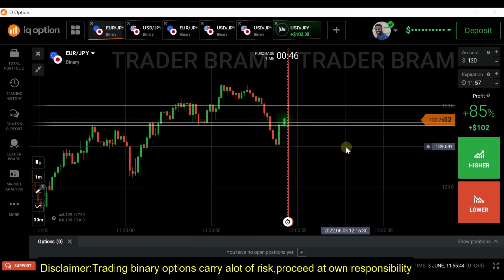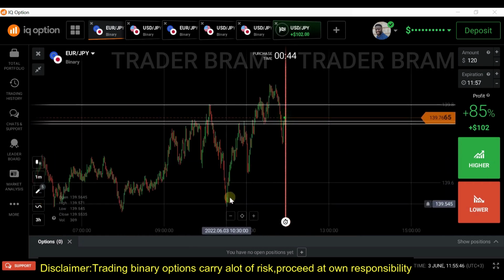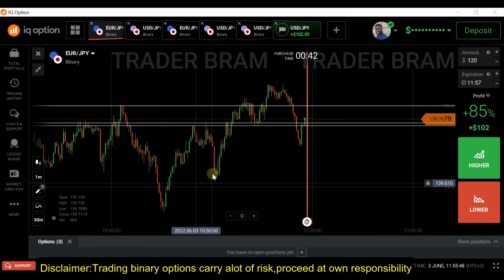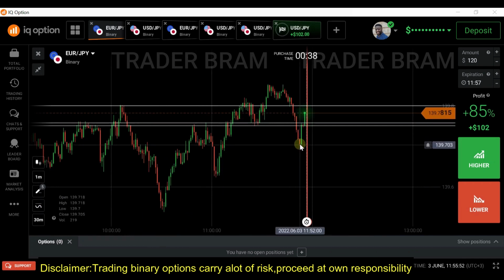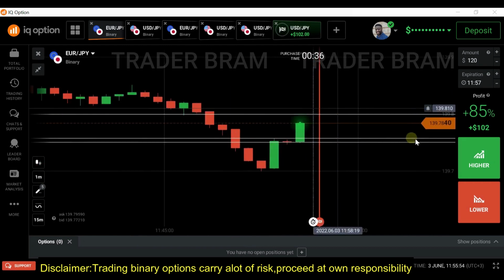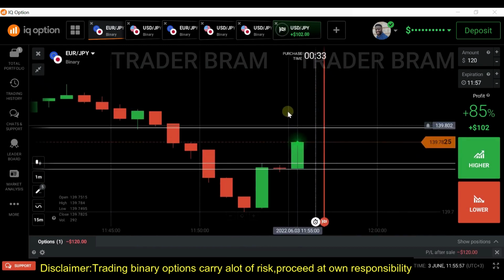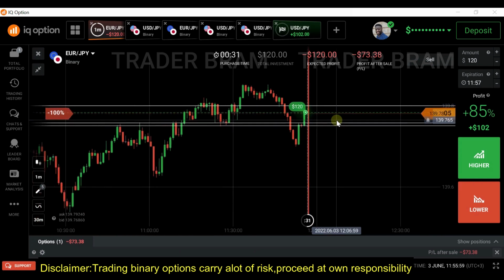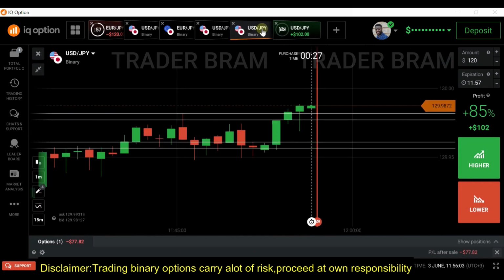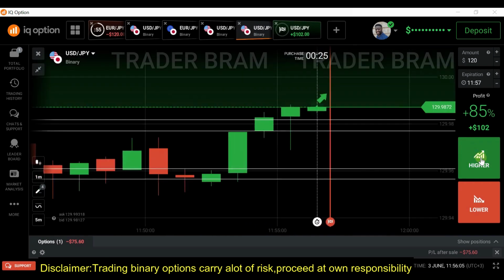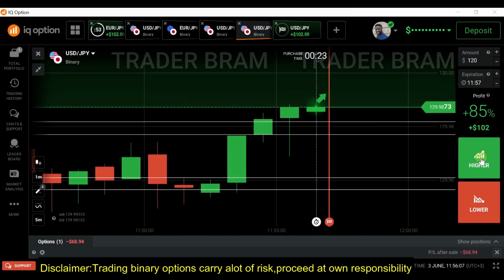the market is in an uptrend. From this point, you can see a higher low here, another higher low, and higher highs. So we are more likely to go up. Okay, so we've broken the area.